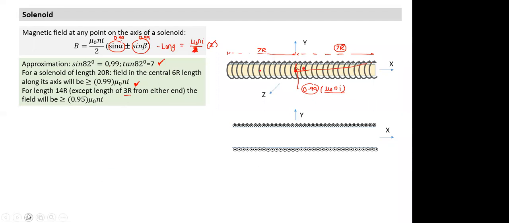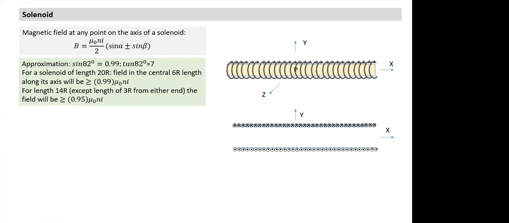Let's see what we understand from this. It gives us some sense of what the field at different points means. If I have a length equal to 14r, at the midpoint the field will be 0.99 mu naught Ni.